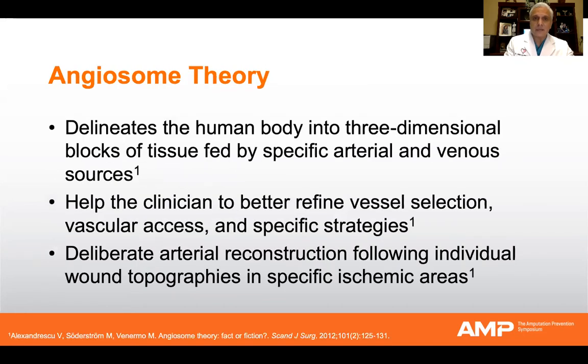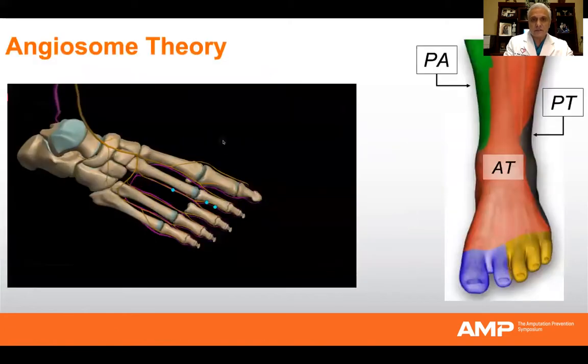The concept of angiosome in a nutshell is trying to recanalize the vessel which gives the maximum flow to the affected area of the foot to get the maximum healing. The purpose is to concentrate on the vessel which is going to give us the best results by healing and preventing amputations. So this is one of the cartoons.